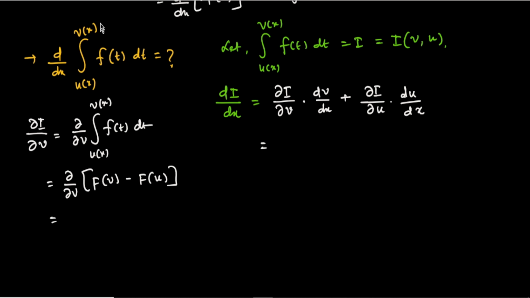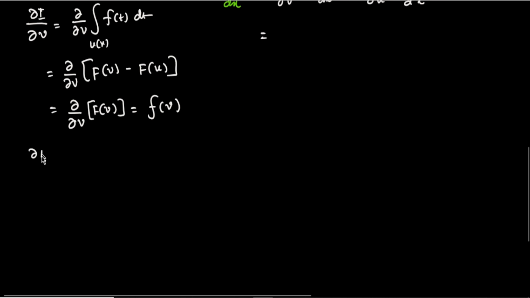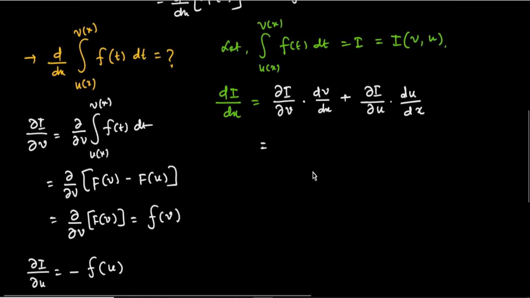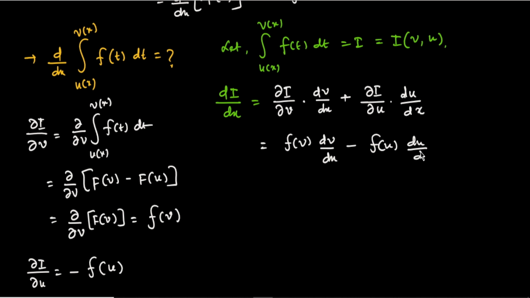So the answer will be del by del v of capital F of v, which is small f of v. Similarly, if we derive del I by del u, it gives us minus f of u. So we substitute these values in this expression, and it gives us f of v dv by dx minus f of u du by dx.